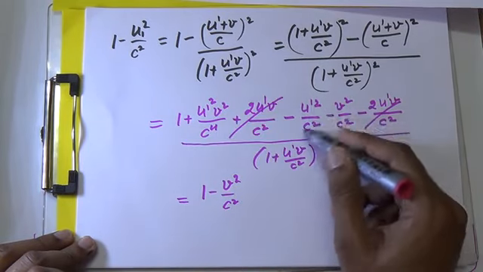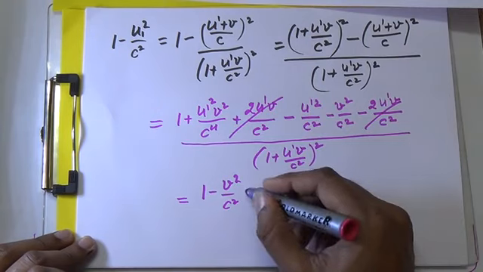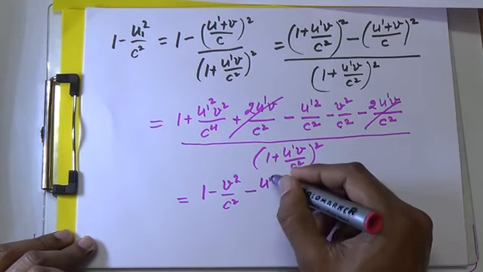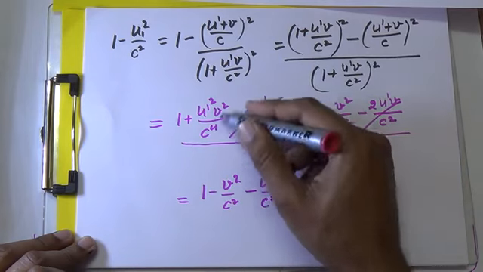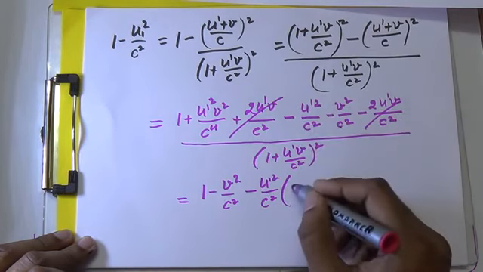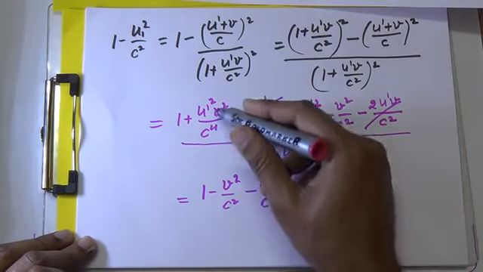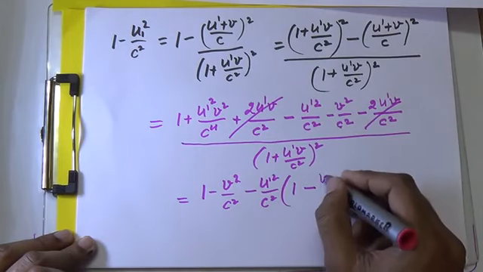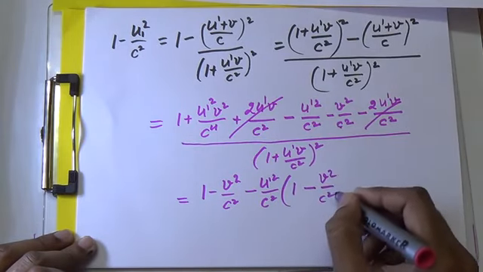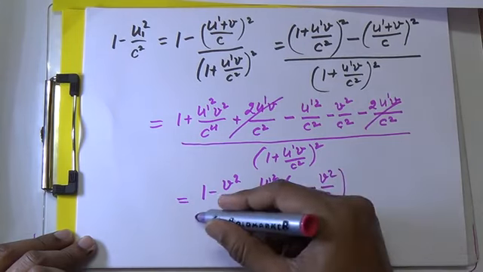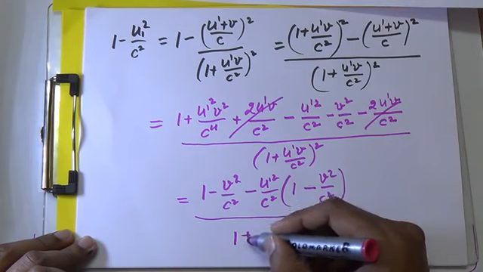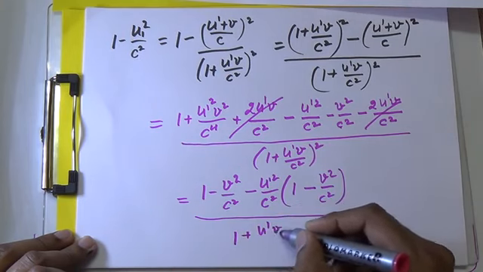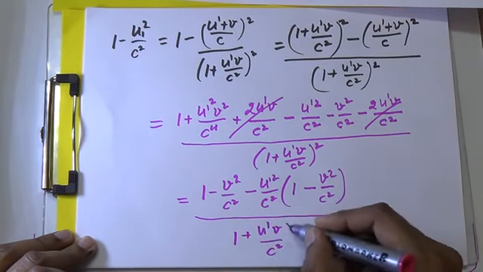Take out this common minus, so minus u prime square upon c square, and this is equal to 1 minus v square upon c square, and divide by the term 1 plus u prime v upon c square whole square.